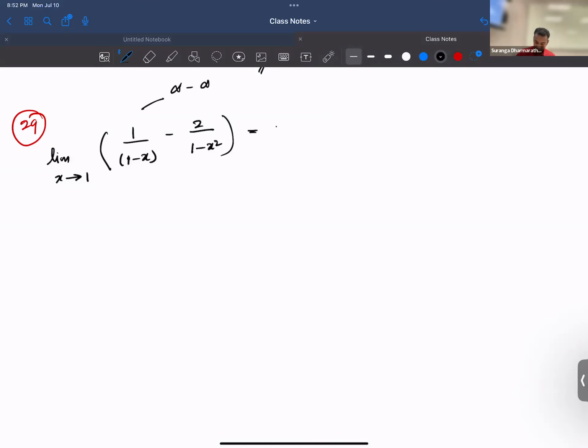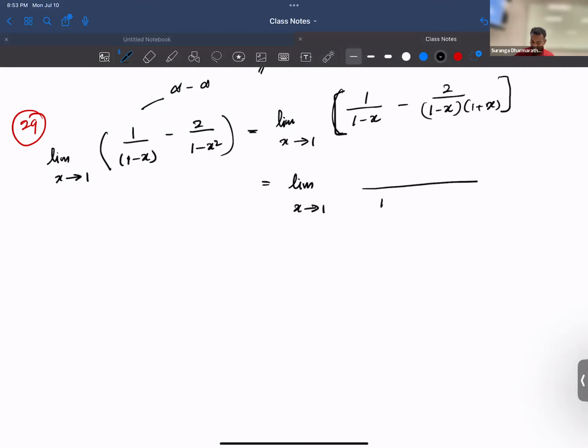The limit as x goes to 1. Now I'm going to find a common denominator for this, right? I can write 1 minus x squared as what? You with me? I can write like that. Does that make sense? Then I can write the limit as x goes to 1.